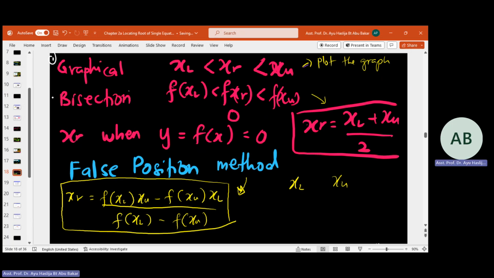Then the bisection and also false position, you will need to use equation. The aim of all of these methods is to find the XR. XR means the X value when Y equals 0.